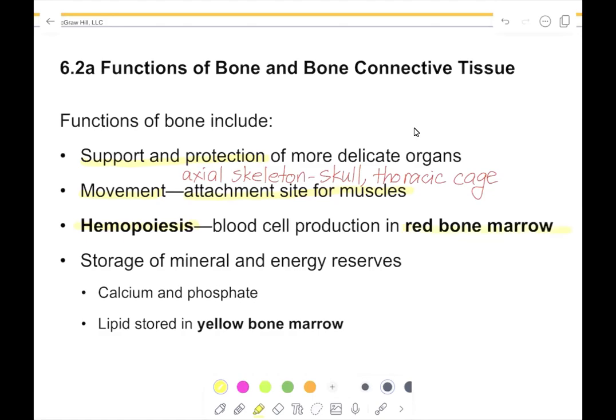There's storage of mineral and energy reserves. The energy reserves would be in the form of yellow bone marrow, which has lipids, specifically lipid droplets of triglycerides for energy reserves. And then the minerals that are stored are calcium as well as phosphate.